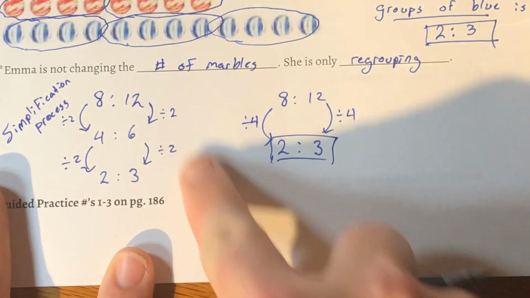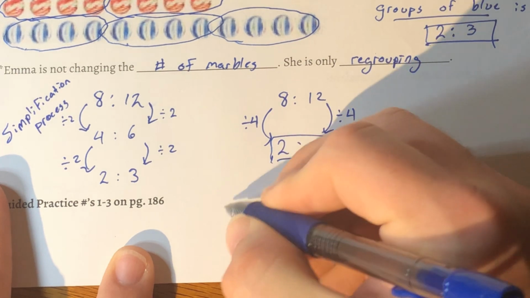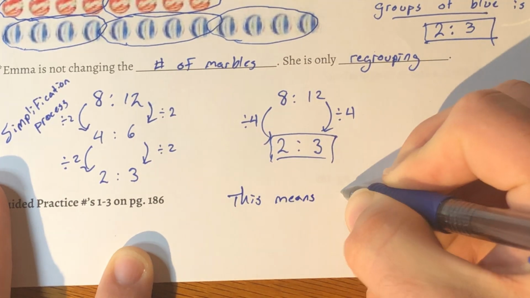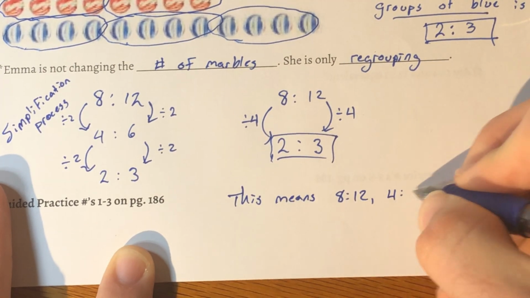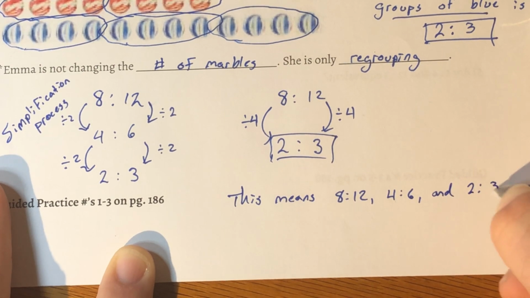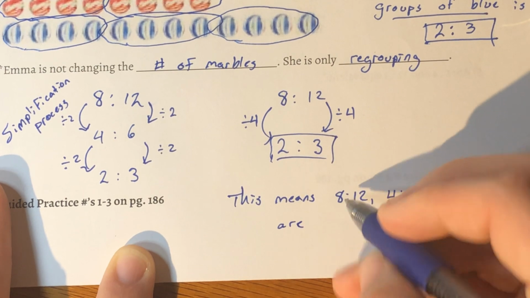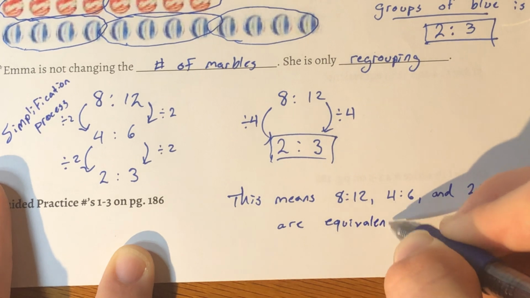Alright, so what does this all mean right here? The 8 to 12, 4 to 6, and 2 to 3. Well, this means 8 to 12, 4 to 6, and 2 to 3 are equivalent. They're equal. They're the same thing.